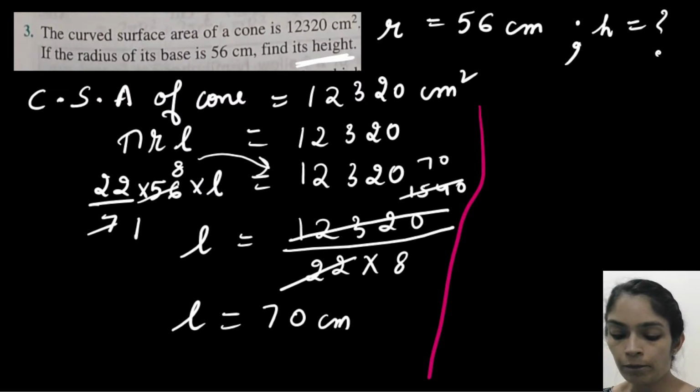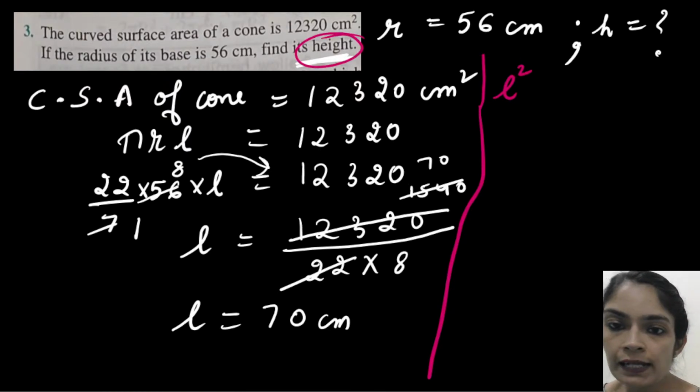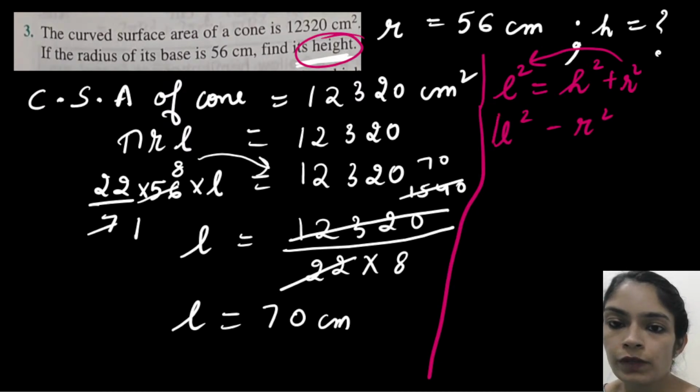Suchitra, Nikita, good. So we don't have to find the value of L, we have to find the value of H. So let's use the formula. Formula is L square is equal to H square plus R square. So H we have to find. Let's shift R to the other side, which will become the square root of L square minus R square is equal to H.